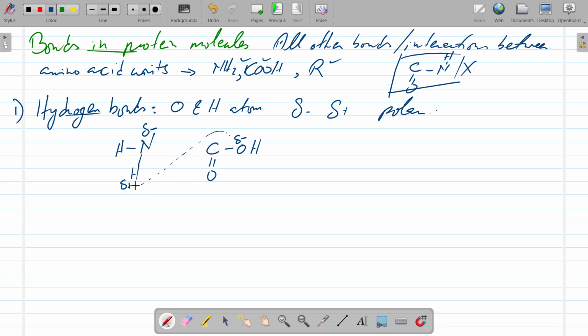Obviously they're going to be closer by having drawn that, so just showing that the positive and negative charges, the polarities, will attract, and that helps in maintaining the structure of the protein.